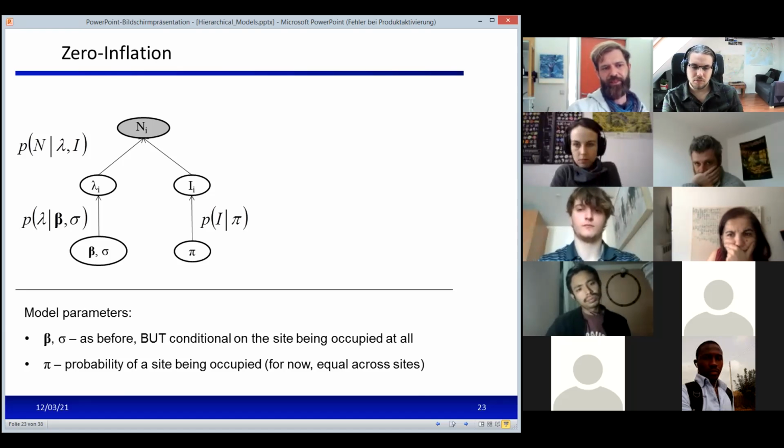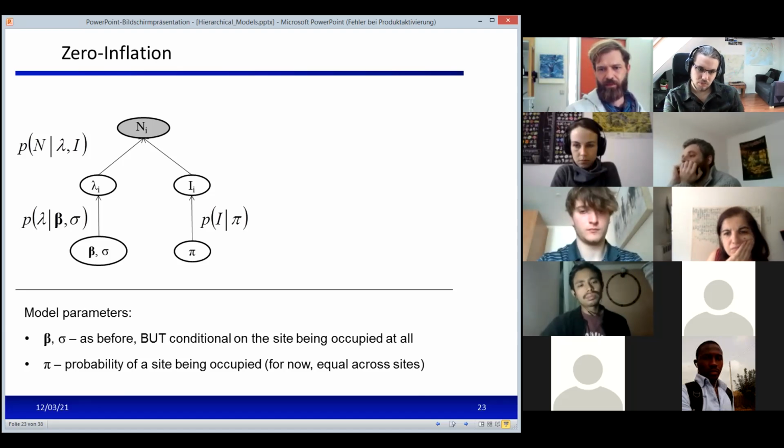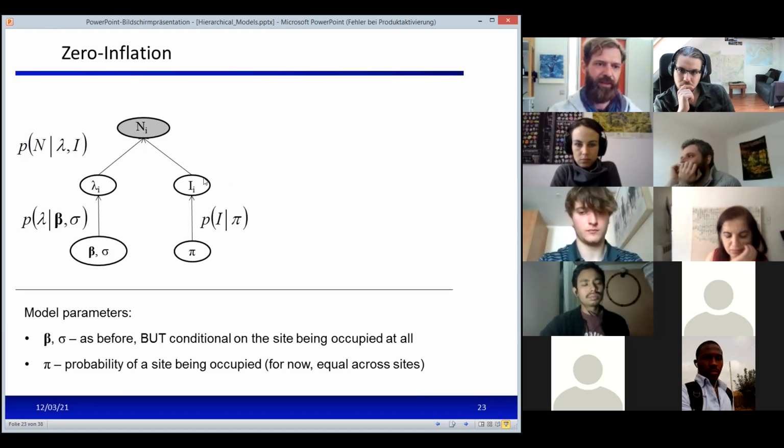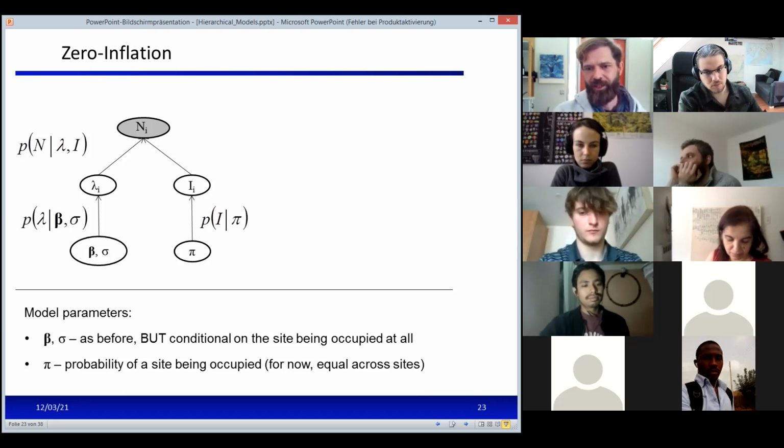And in this case, the solution would be to describe the occurrence of zeros in our data separately from the regression model. And so we can extend our model by including an indicator variable I that describes just whether or not the lizard occurs on a certain site at all.